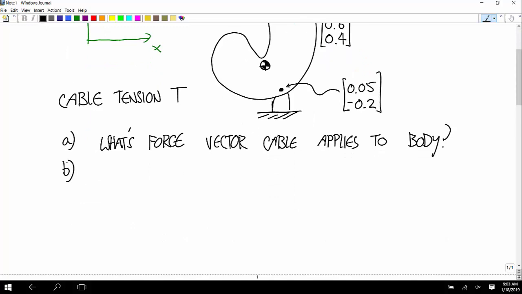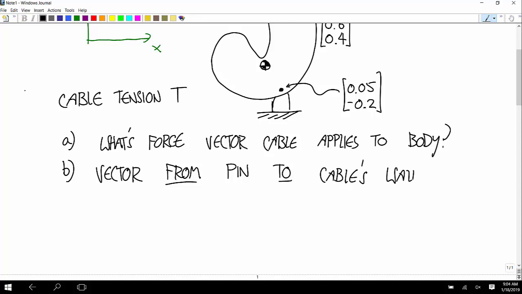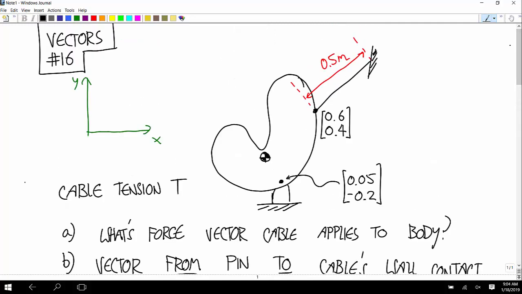And second, we want the vector from the pin to the point where the cable contacts the wall. So from this point, 0.05, negative 0.2, to the cable's wall contact.